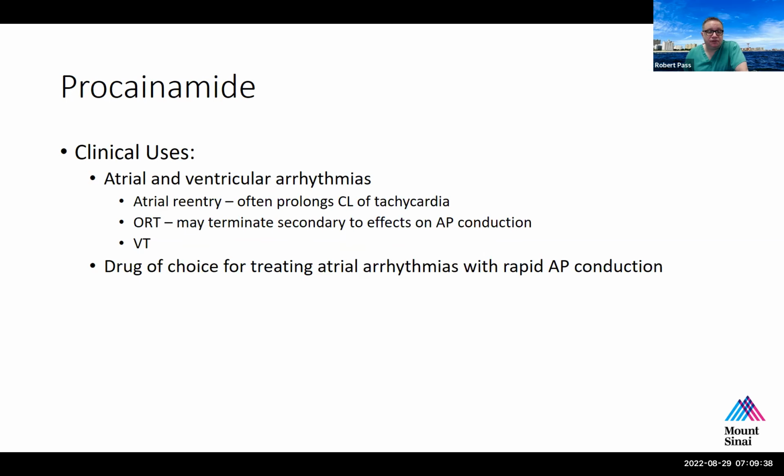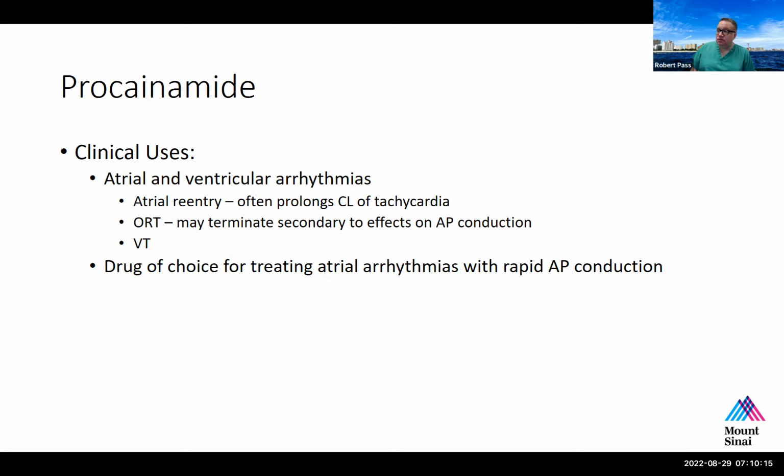It really can be used for virtually any typical arrhythmia that we see. It can be used for the management of people who have atrial reentry, such as intra-atrial reentrant tachycardia or other forms of atrial flutter, where it prolongs the cycle length of tachycardia and it may terminate it. It's extremely good for the treatment of orthodromic reentrant tachycardia because it has effects on all the atrial and myocardial muscle, but it has particular effects on accessory pathway conduction, making it a very good acute agent in someone who's difficult to control.